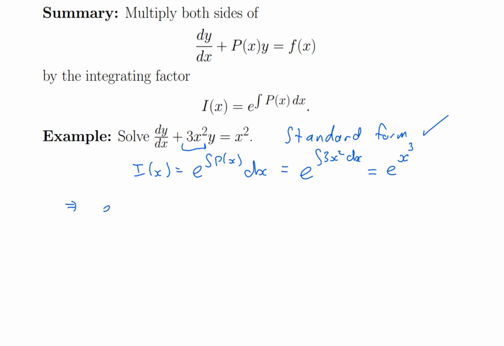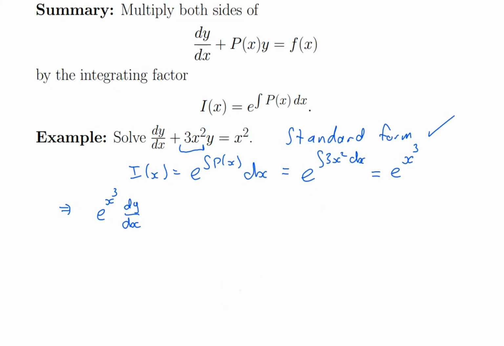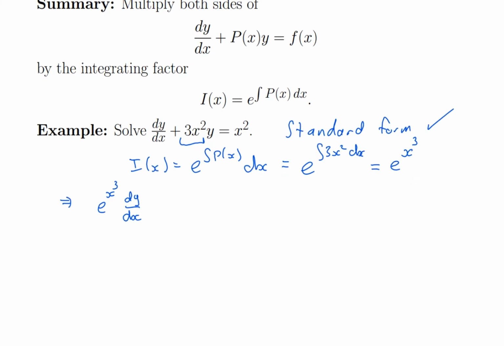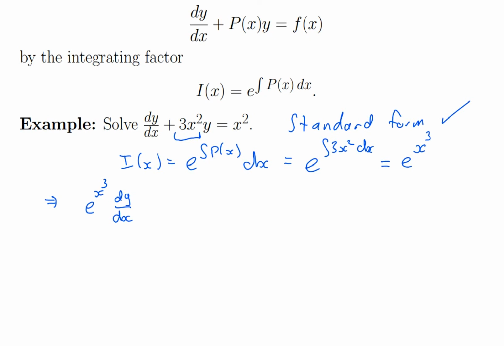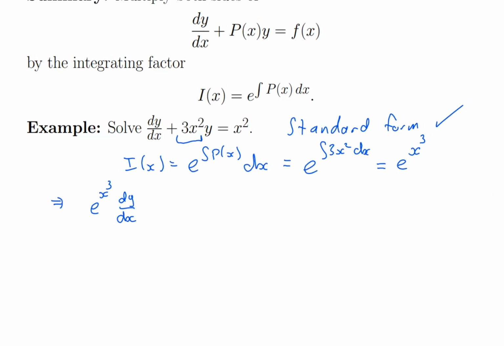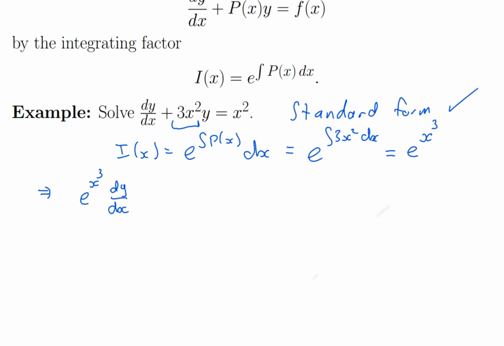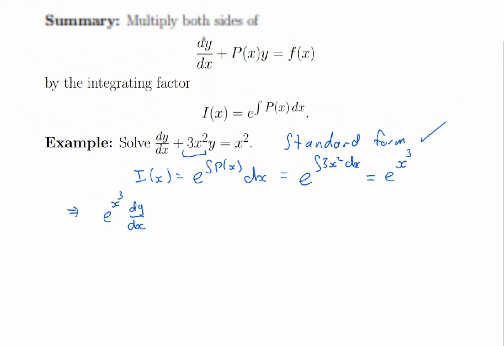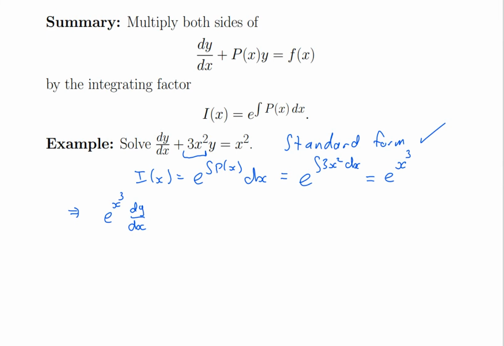Multiply both sides by that. E to the x cubed times dy dx plus e to the x cubed times 3x squared y is equal to e to the x cubed times x squared.